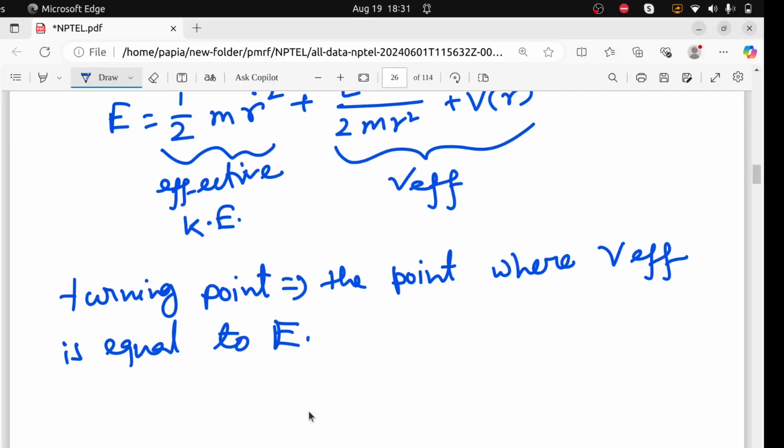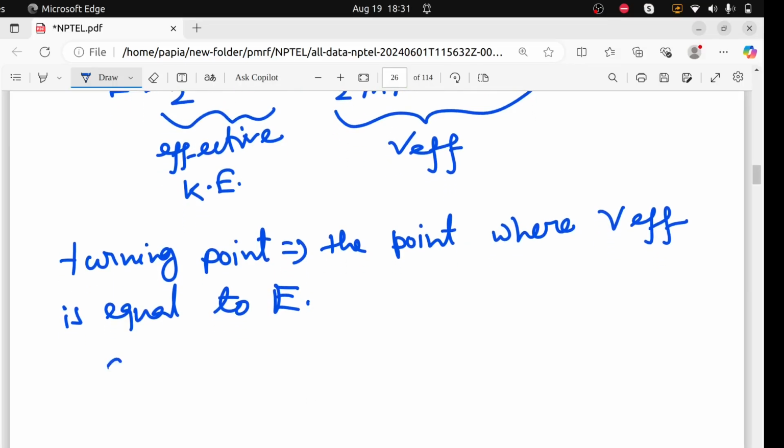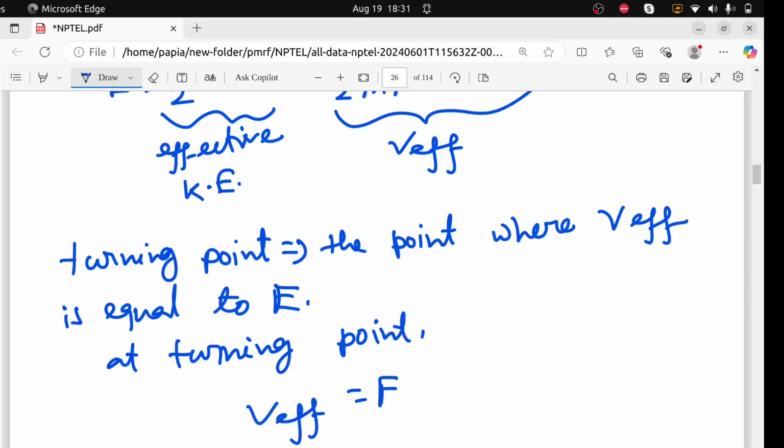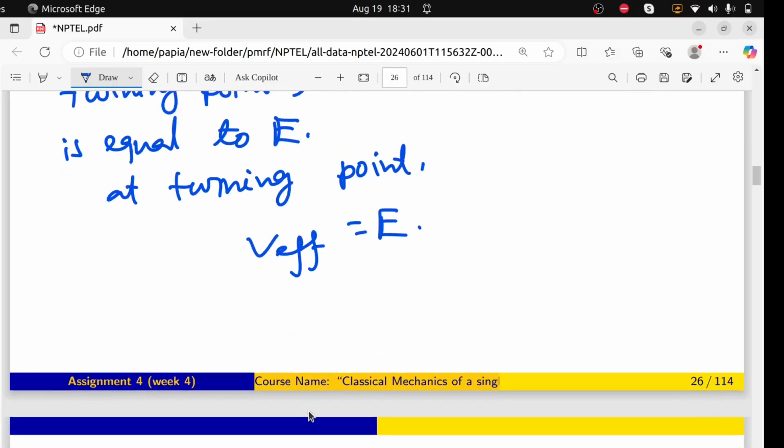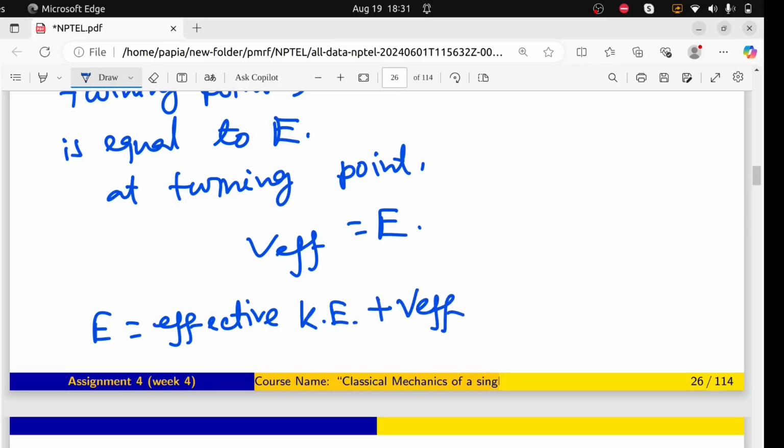Now you can understand at turning point V effective equals E. That means our E equals effective kinetic energy plus V effective, right?